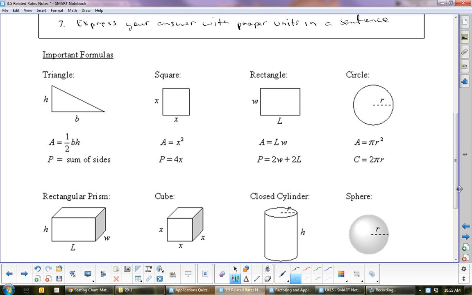Now, here is just some examples of some shapes that you'll be looking at. You do have them on your formula sheet, but they don't have the pictures, so hopefully you know what they mean and how they all relate.